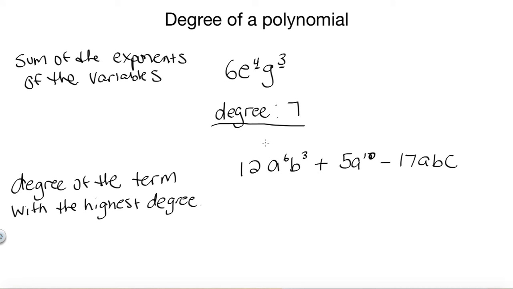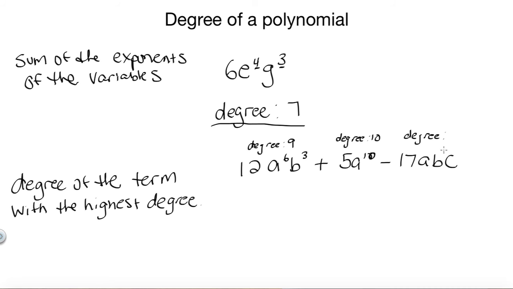So if I look at this, I know the degree to this term is the sum of its exponents, which means that the degree to this term is 6 plus 3, which is 9. Here, the degree to this term is the sum of the exponents, which in this case is simple, it's 10. And here the degree of this term is the sum of the exponents.